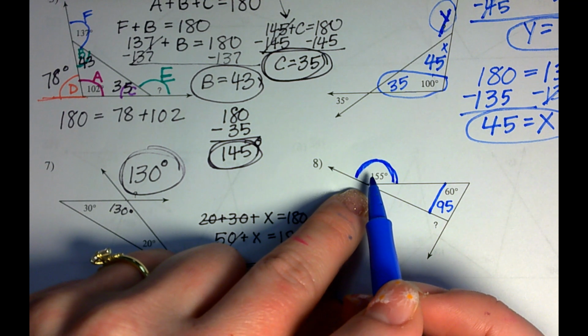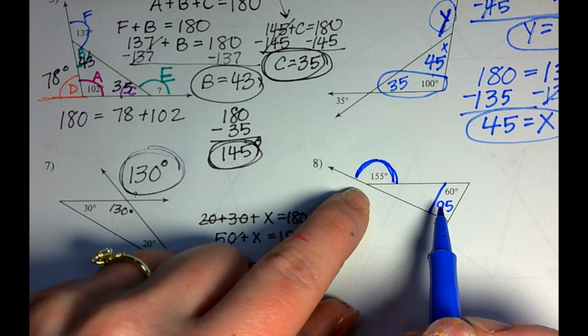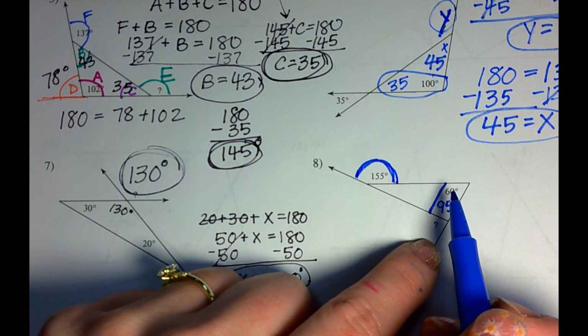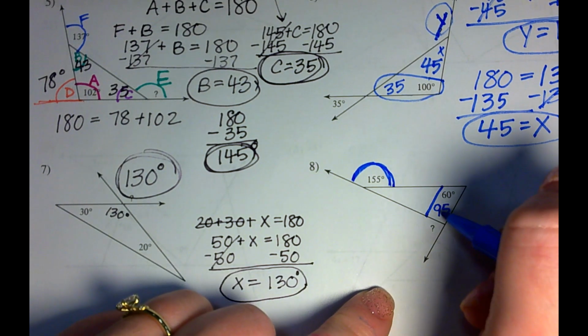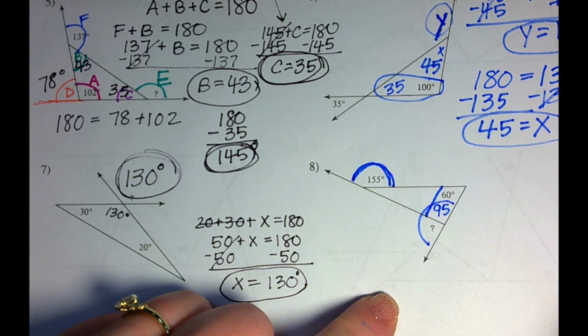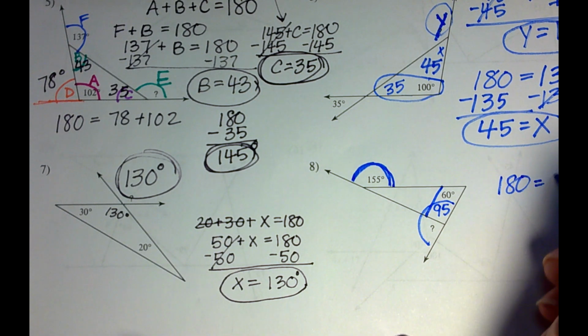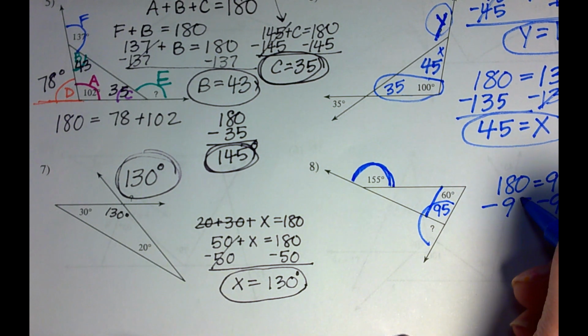So 155 equals 60 plus 95. We could also say, well, now we can do, oh my gosh, this is crazy. Now we can do 95 plus what makes 180? 35. Yes. Yeah, that's kind of cool.